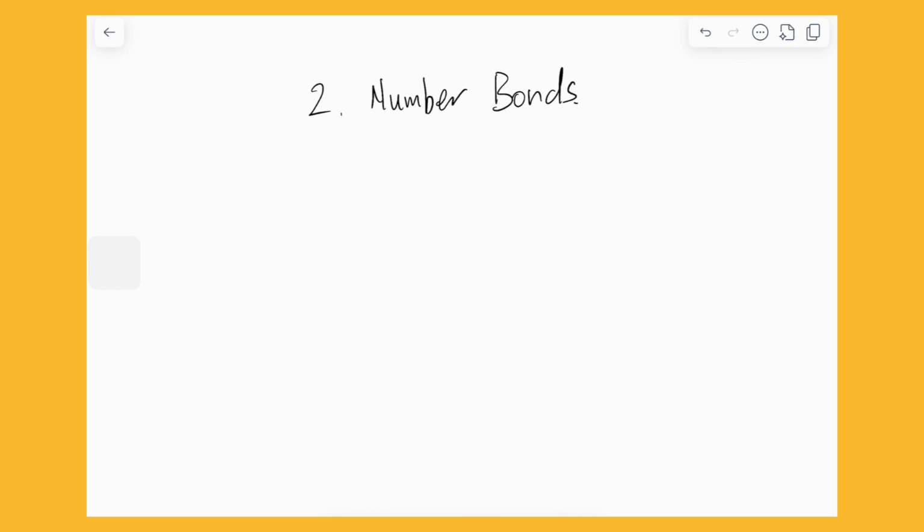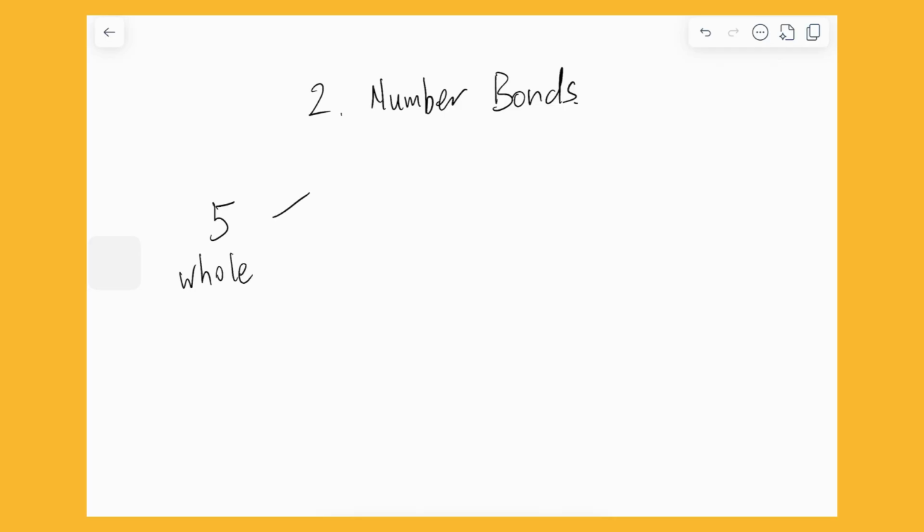Okay, we are going to make number stories by using the numbers. For example, there are 5 penguins, 2 are swimming, 3 are not swimming. Okay, so in this case, from the story, we have 5 there as a whole number.